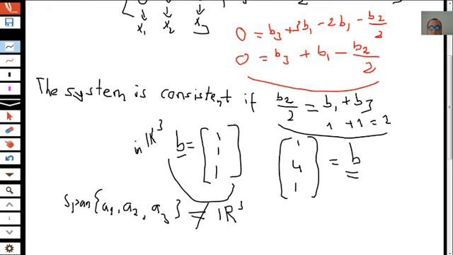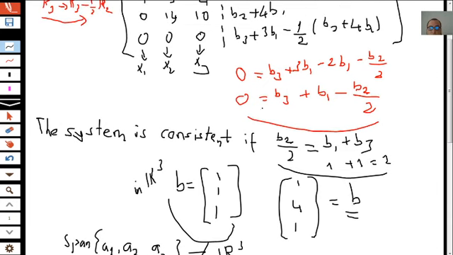Because we don't have a solution for this vector, we have an impossible situation here when we write 1 1 1 for b3, b1 and b2, so we obtain a non-zero constant for the right-hand side.